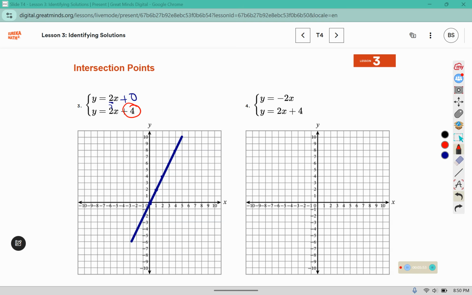For the second one, we start at positive 4 on the y-axis because that's the y-intercept. And this also has a slope of 2, so up 2 and over 1. Notice these are also parallel. They have the same slopes, so there will be no point of intersection.